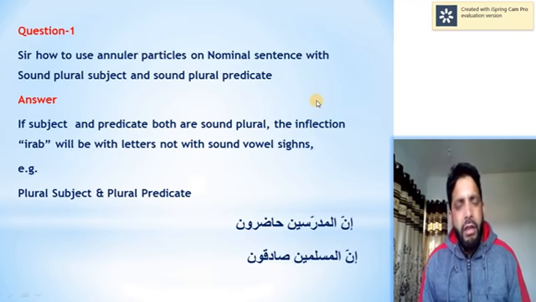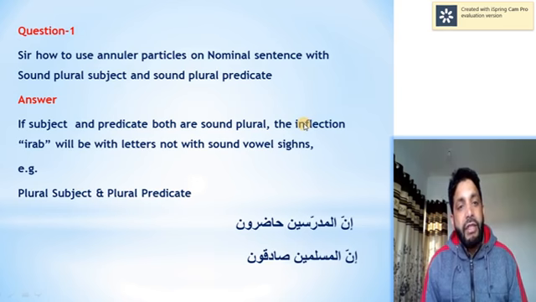Now one of the questions put forth by a student in the previous class is, sir, how to use an annulling particle on a nominal sentence with a sound plural subject and sound plural predicate.